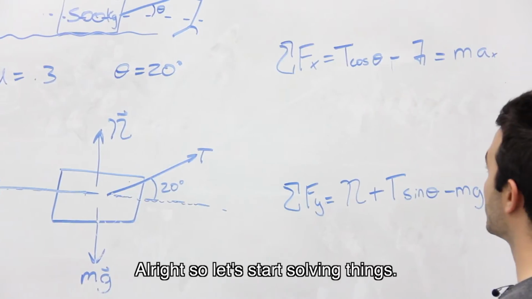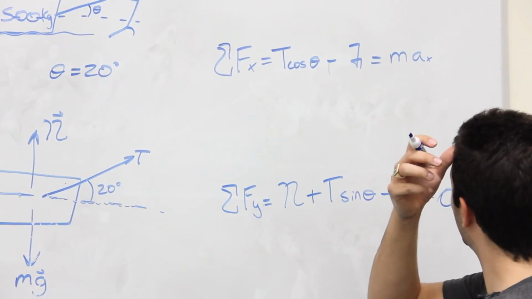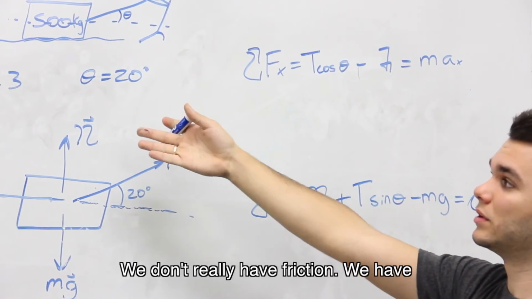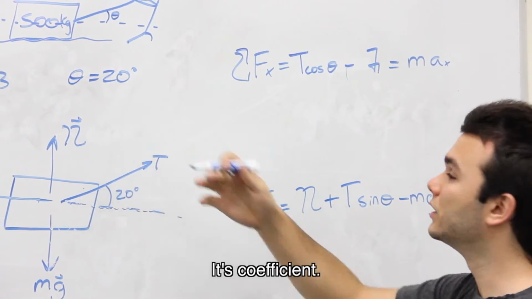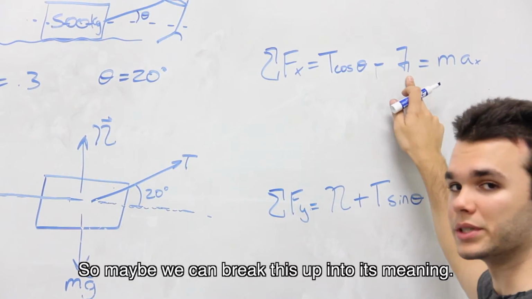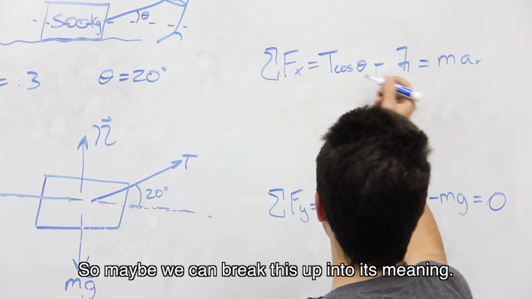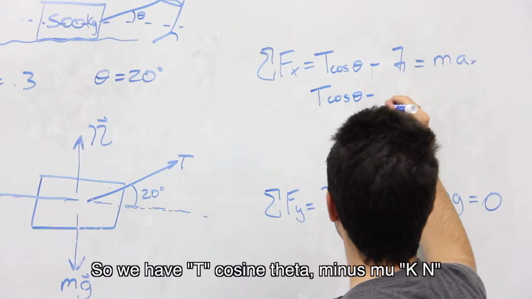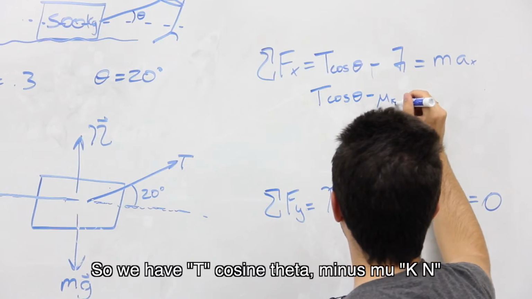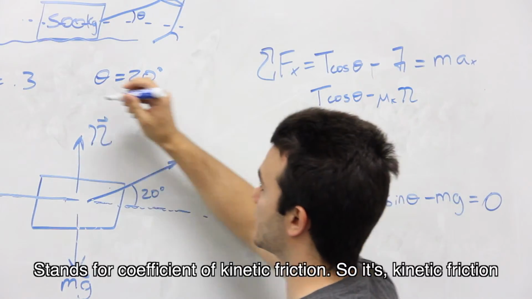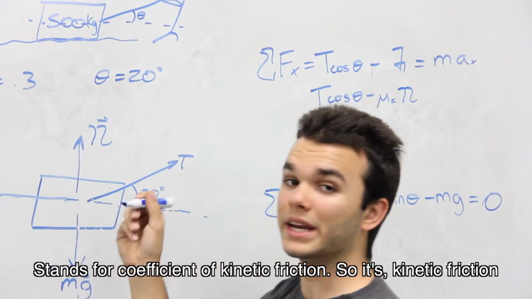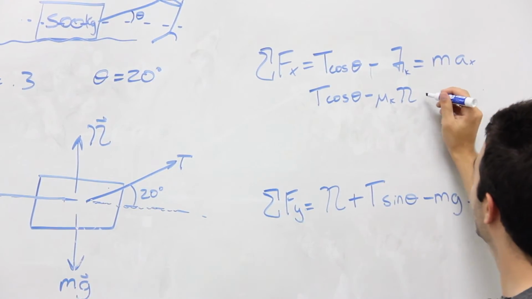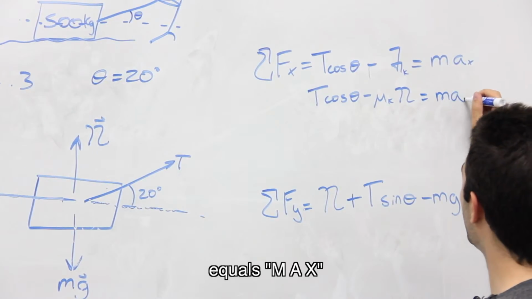Right, so let's start solving things. So we don't really have friction, we have its coefficient, so maybe we can break this up into its meaning. So we have T cosine theta minus mu_k N, where mu_k stands for the coefficient of kinetic friction, equals m a_x.